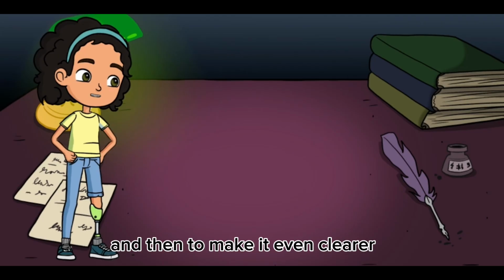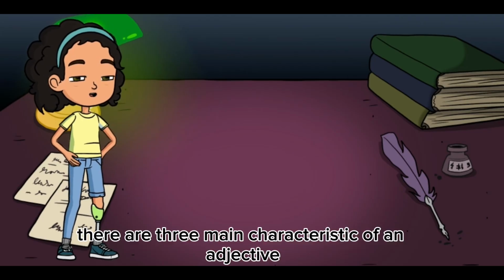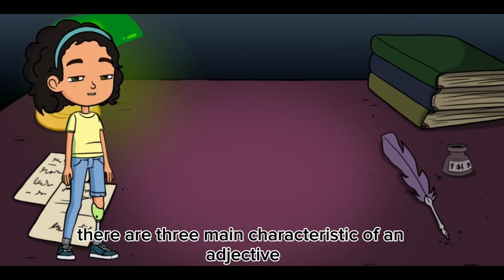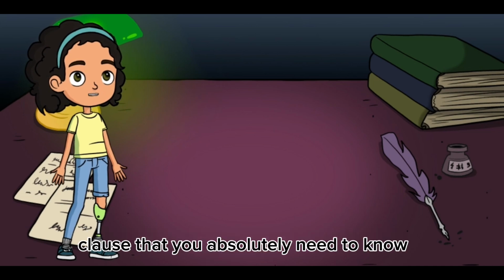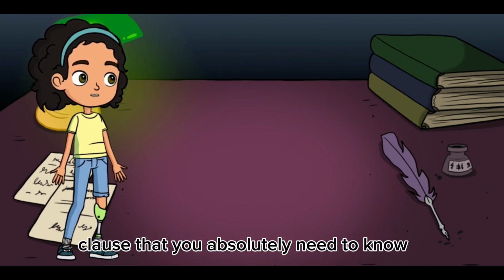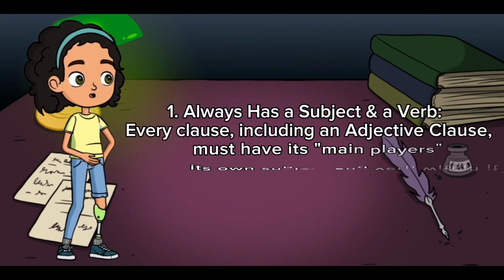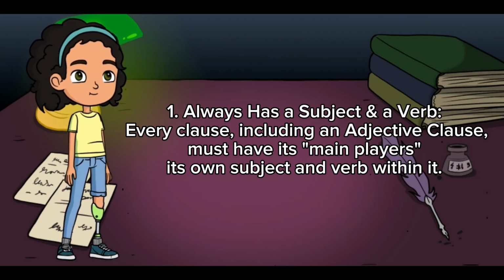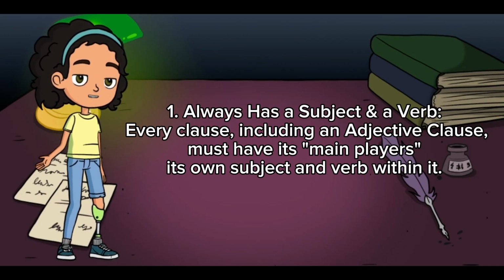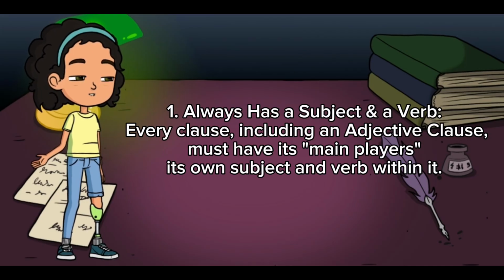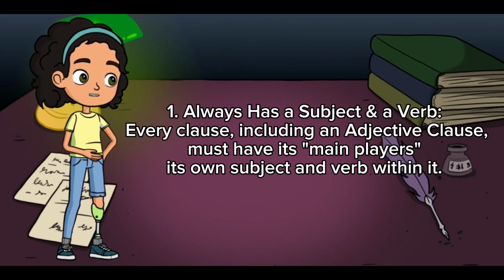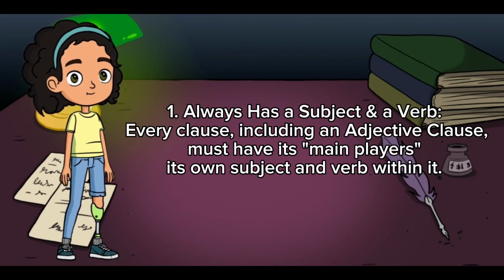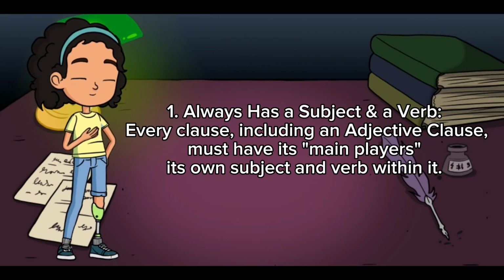And then, to make it even clearer, there are three main characteristics of an adjective clause that you absolutely need to know. The first: it always has a subject and verb. Every clause, including an adjective clause, must have its main players, its own subject and verb within it.